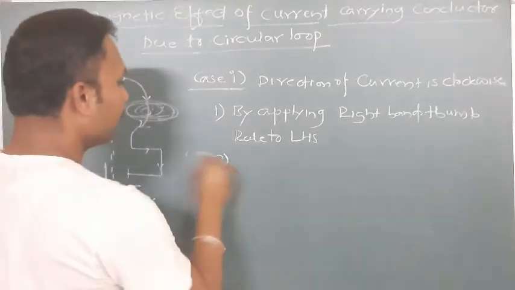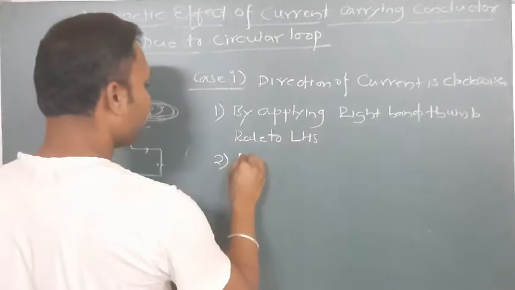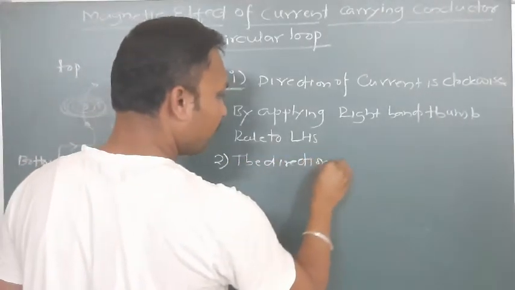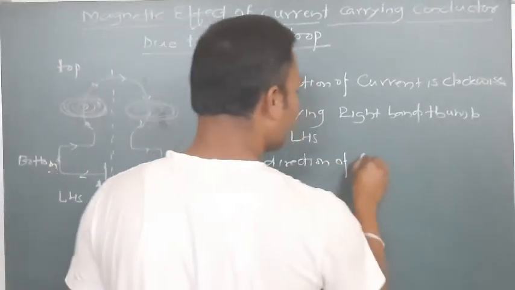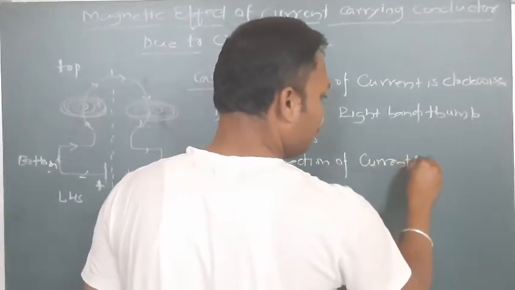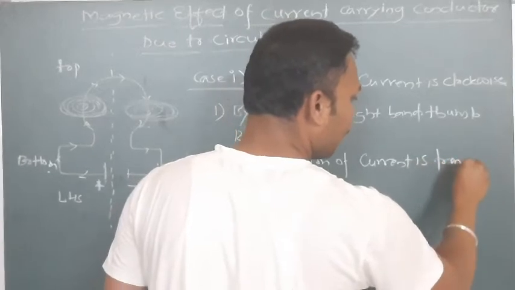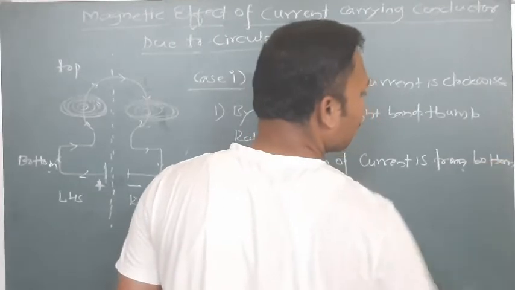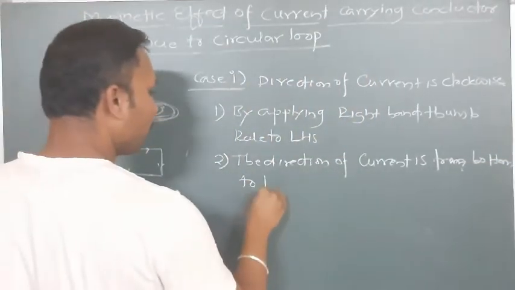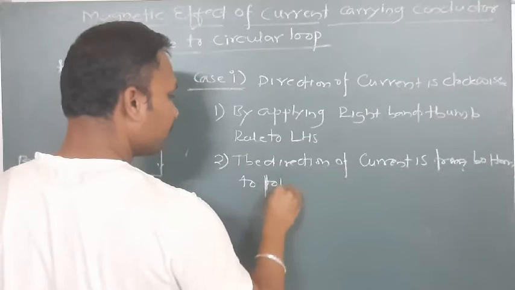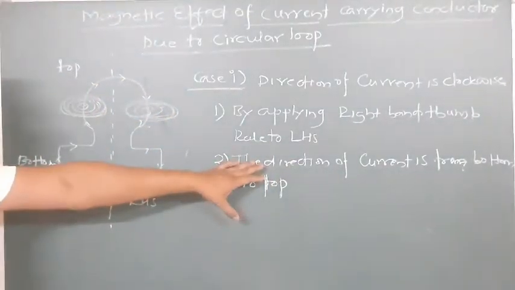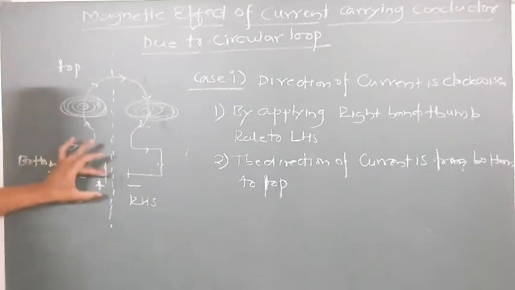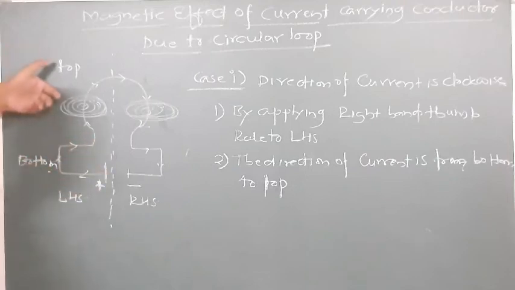Second point, the direction of current is from bottom to top. The direction of the current is from bottom to top.